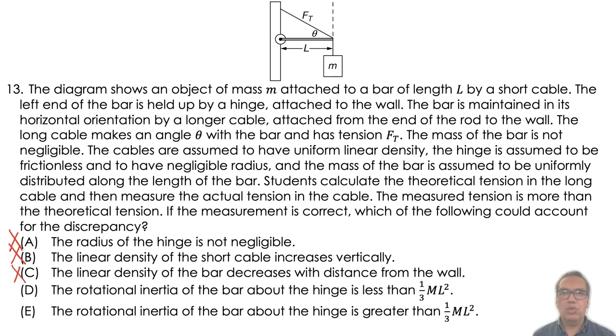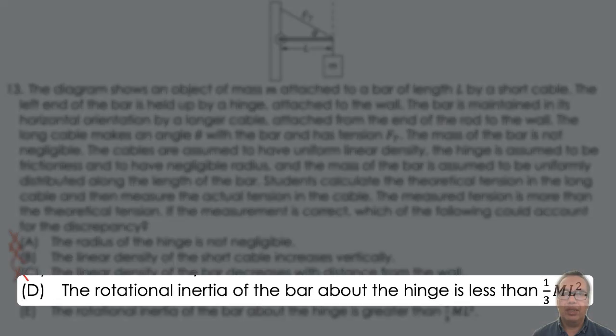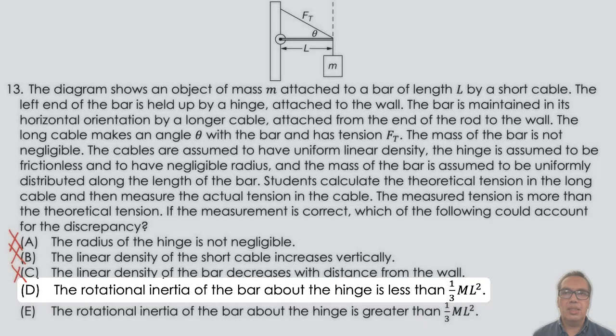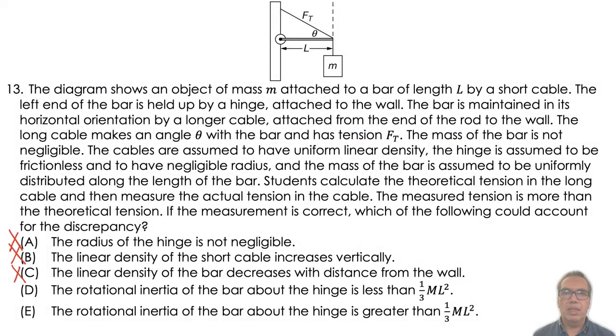The same is true for the fourth case. If the rotational inertia is less than 1/3 mL squared, then the center of mass of the bar is closer to the wall, resulting in the same situation as in the third option.